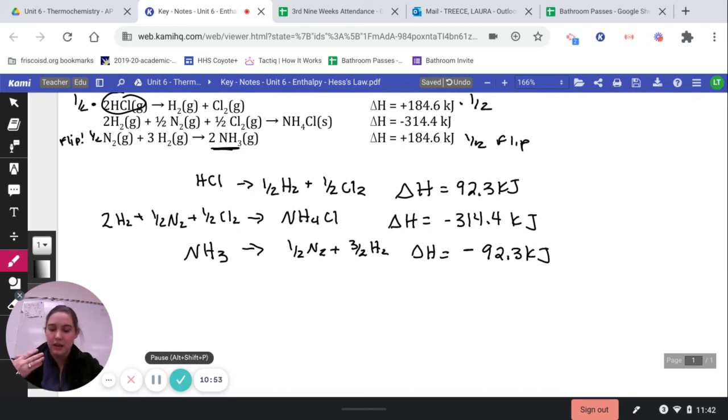So let's go ahead and make sure everything cancels out. If I'm looking at my first reaction, I have 1/2 H2 on this side. Well, I have 2 H2 on this side, but I also have 3/2 H2 down here. So 1/2 and 3/2 would be 2, so all of those hydrogens are going to cancel out. 1/2 Cl, 1/2 Cl, those will cancel out. 1/2 N2, 1/2 N2 will cancel out.